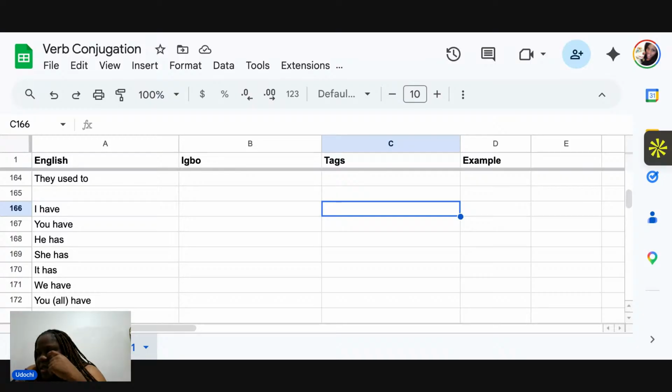Present perfect tense. I said they have finished or he has gone. He has gone. Yeah, this is present perfect tense.